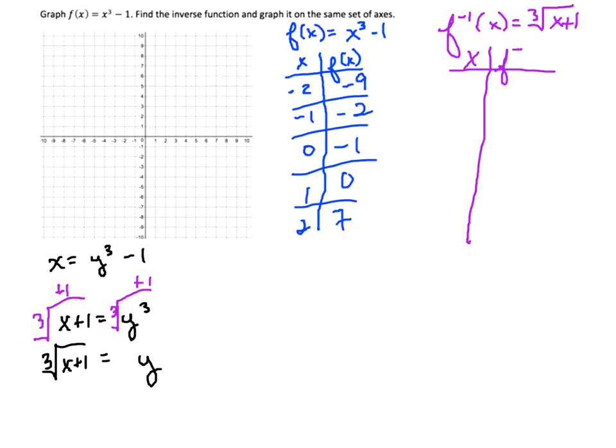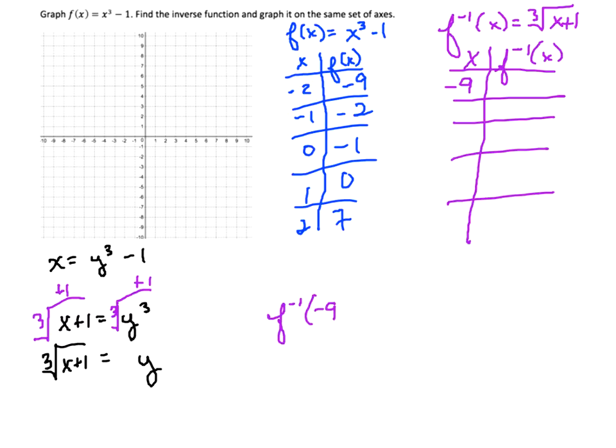Okay, now I'm ready to create an x, f inverse of x table. And just to prove to you that it works, that you really do get the true value, I'm going to work out my first input value. And I'm going to choose to input -9. So when I evaluate f inverse of -9, I get the cube root of -9 plus 1, which is the cube root of -8.